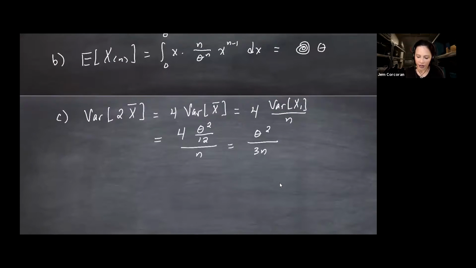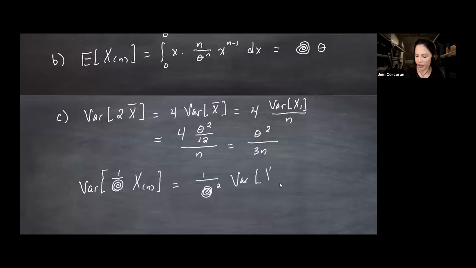So the variance for the other estimator, there's 1 over some constant, and then the maximum. You would pull out that 1 over that constant squared, times the variance of the maximum.